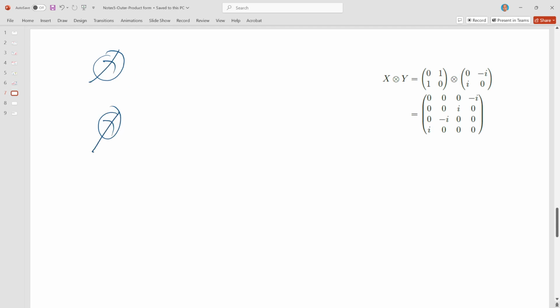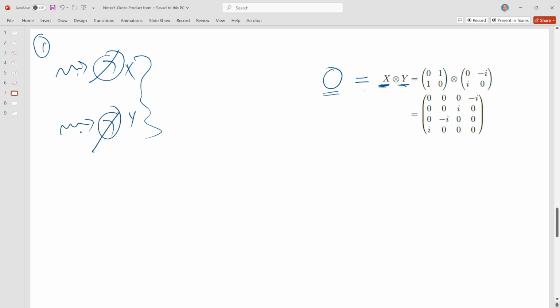One type of operation is this: I do something to this qubit and do something to this qubit. In that case, the total operator, let's say some operator O, is the tensor product of the individual operators that we have applied.